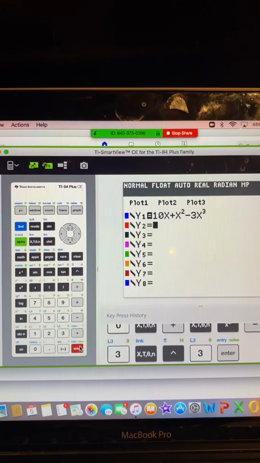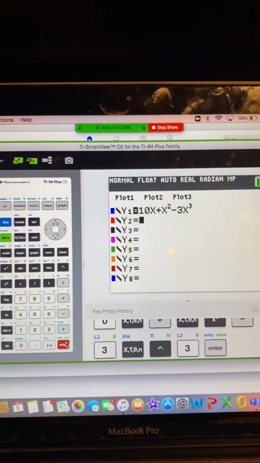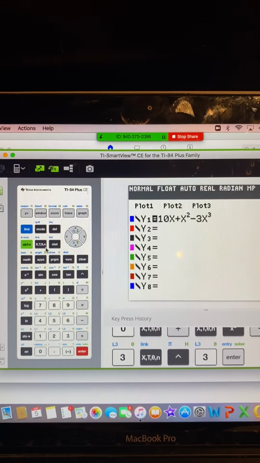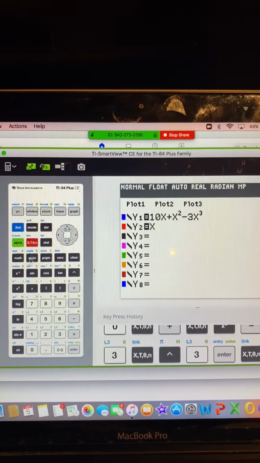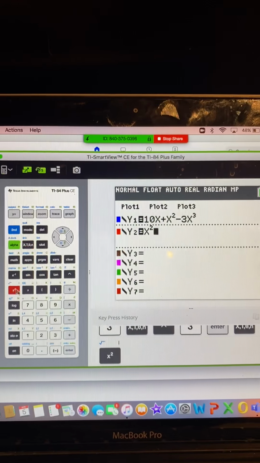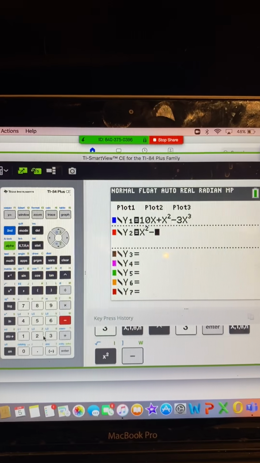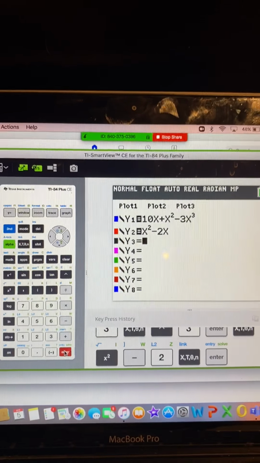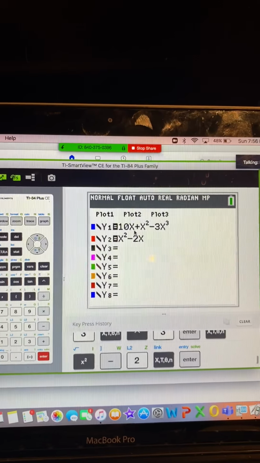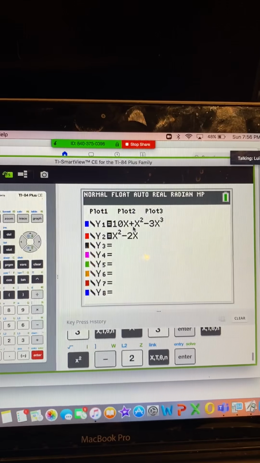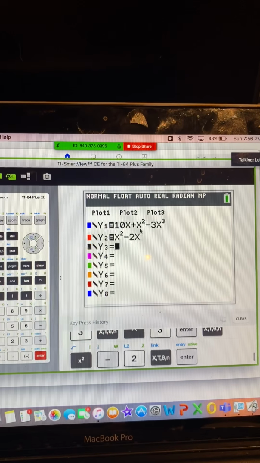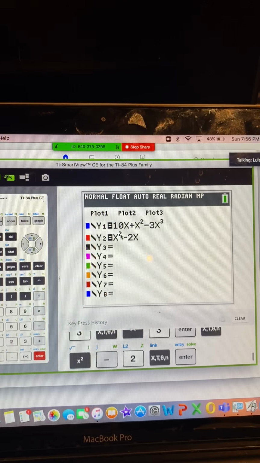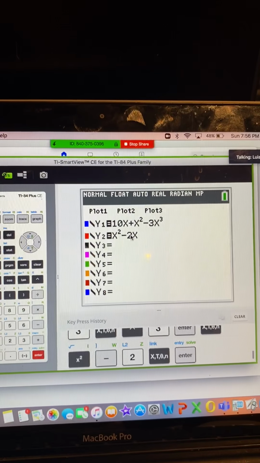And then for y2, I'm going to put x squared minus 2x and enter. All right, so the first one is 10x plus x squared minus 3x cubed, and the second one is x squared minus 2x.